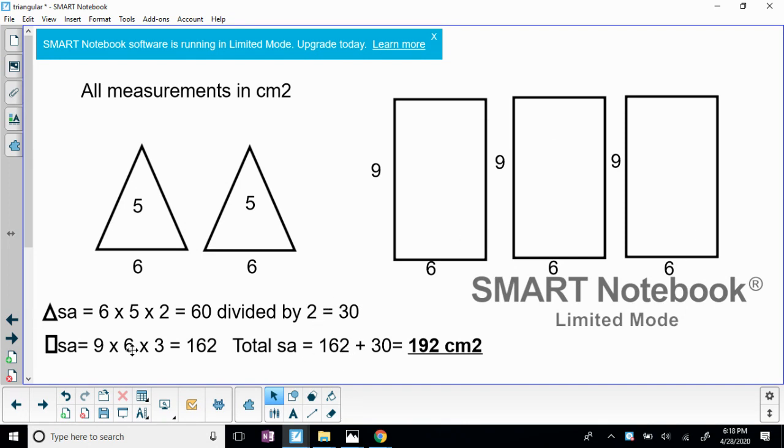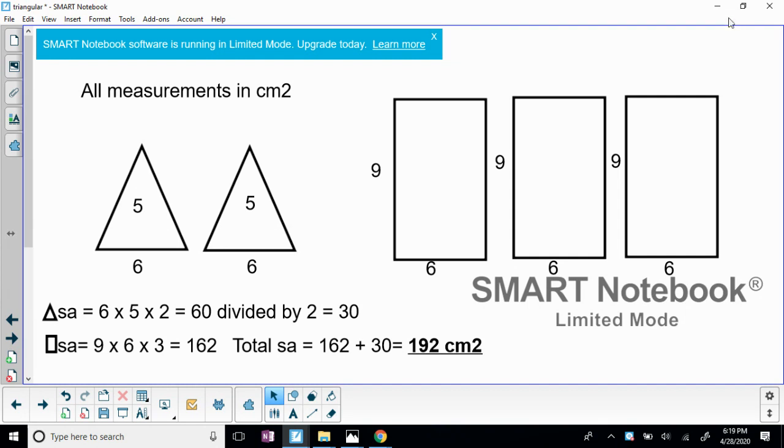All right? So when we total that up, it's 162 centimeters squared. We add the triangular faces to the rectangular faces for a total of 192 centimeters squared. So it's the same thing as calculating surface area for rectangular prisms, except when you're calculating the area of the triangles, don't forget to divide by 2.